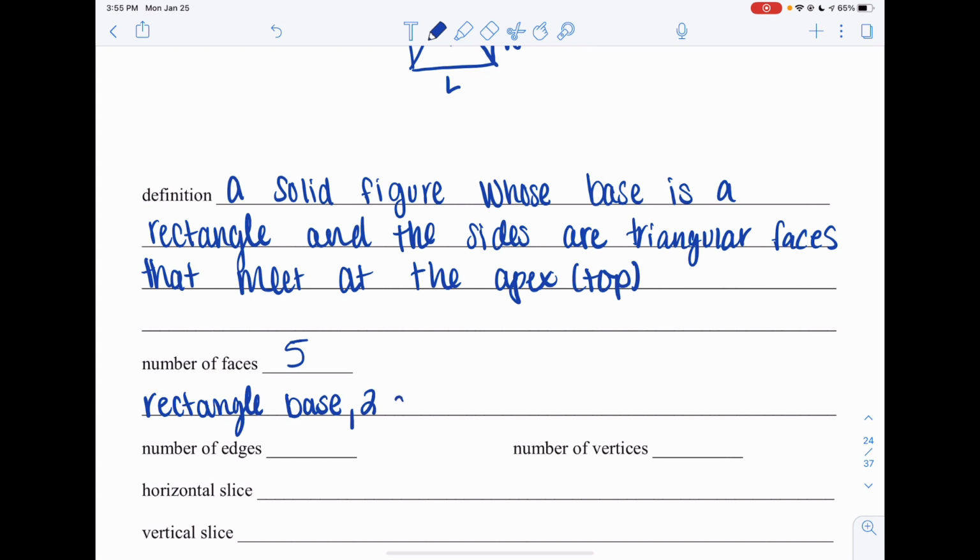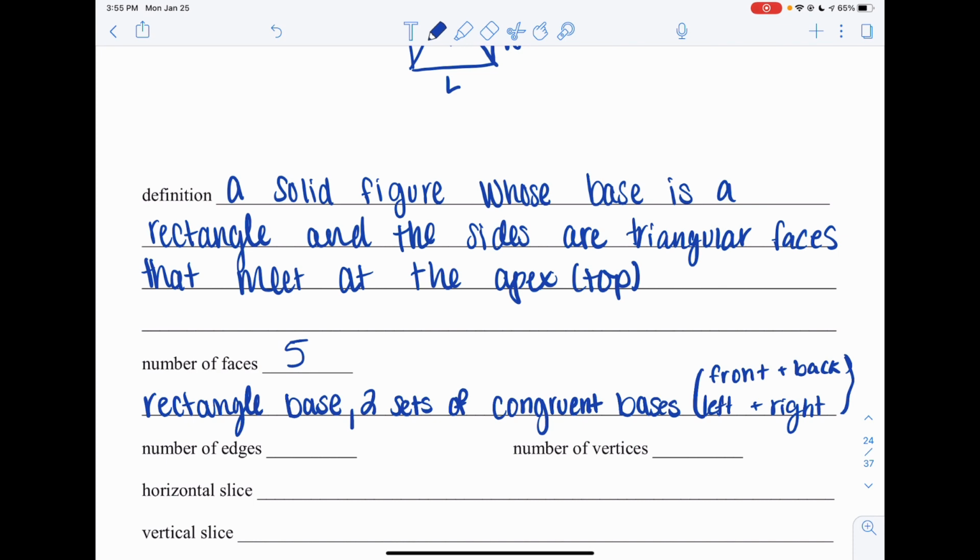So it is 2 sets of congruent triangles. Okay, and by that I mean like the front and the back once again, or the left and the right. Okay, going back to the pyramid.